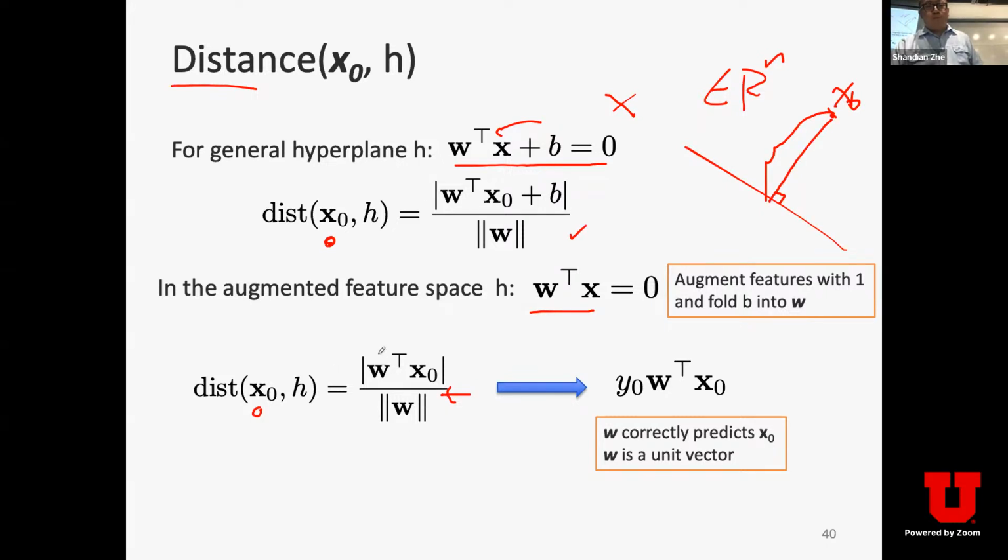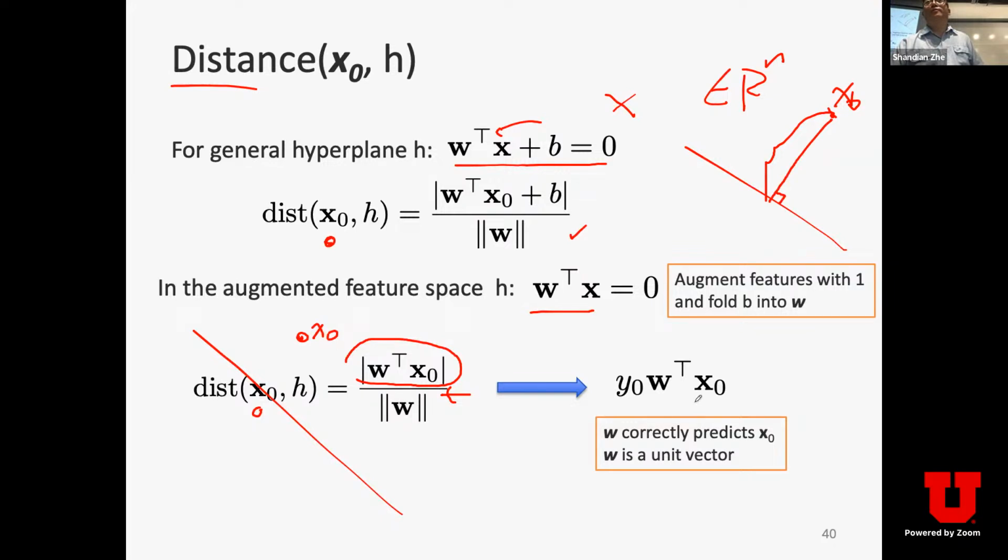And remember, in our case, we're going to use W, this hyperplane, to do the classification. If your hyperplane can correctly predict the label of x0, then I can replace the numerator by y0 times w transpose x0.